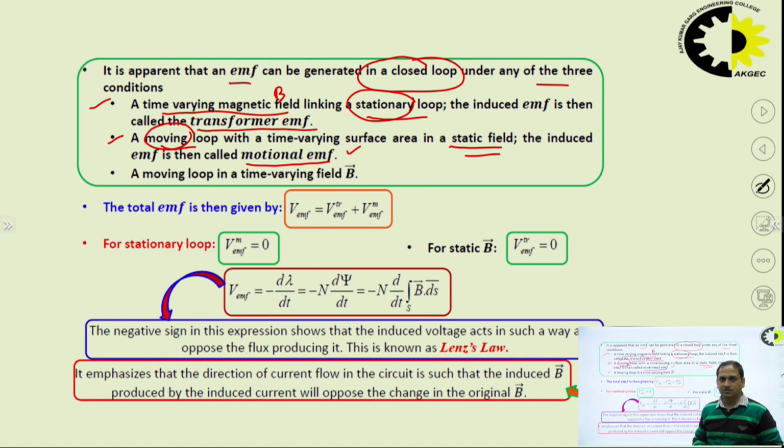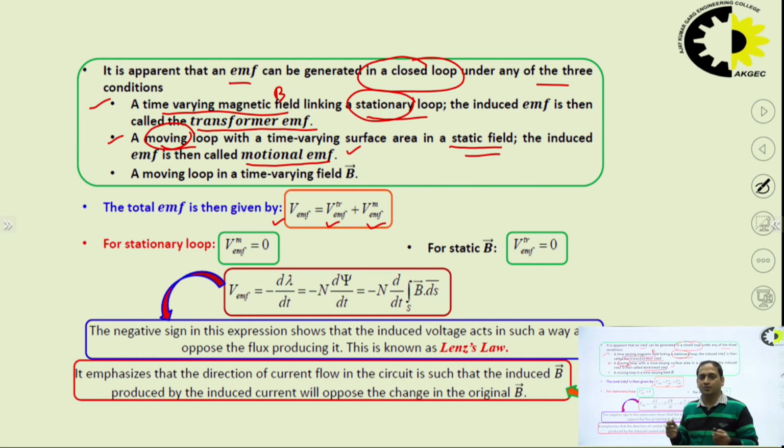Okay, so this is the second case, and the third case is when we have the loop and the magnetic field both varying. When both are varying, the flux linkage will be changed, the rate of flux linkage will be changed, and because of that the EMF will be generated. So the total EMF in this case will be V_EMF equals V_EMF transformer plus V_EMF motional.